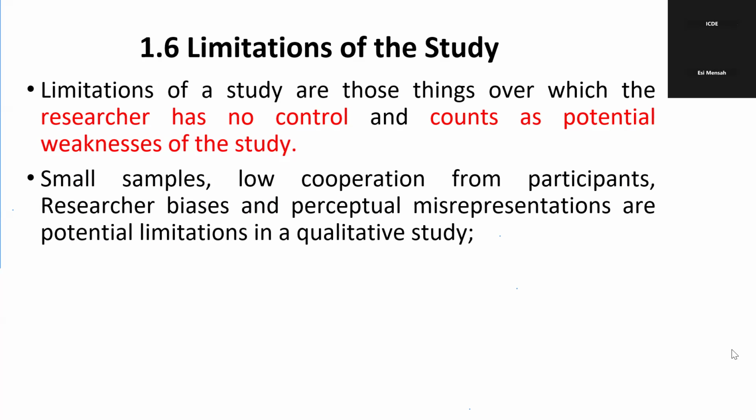You are looking at sugar babies, meaning those young women who are relying on older men as their source of income. It's a very sensitive topic, so you envision that a lot of people will not want to talk to you. So small sample could be a problem. Now that you've identified that as a potential problem, what is a potential solution? You have to let us know.